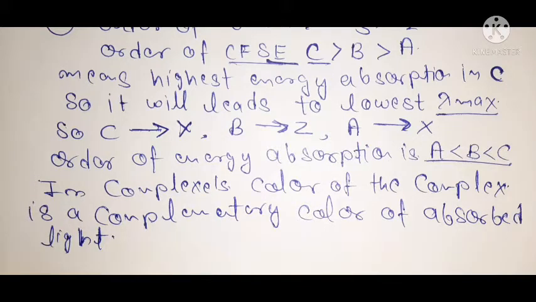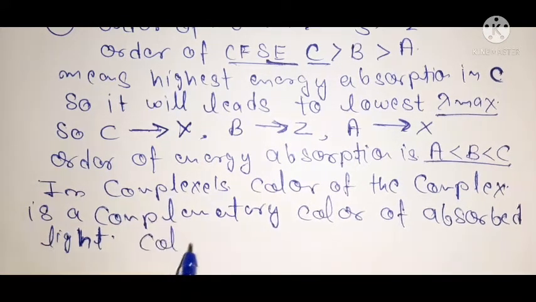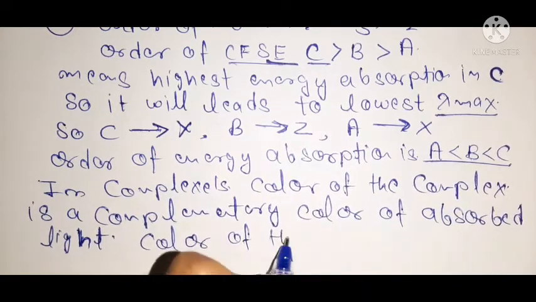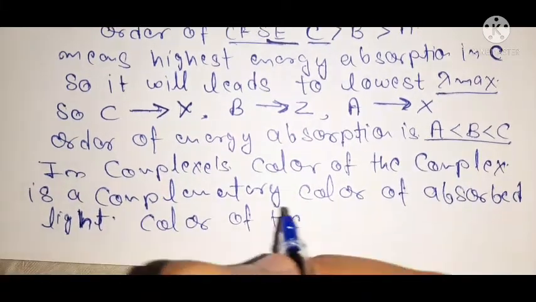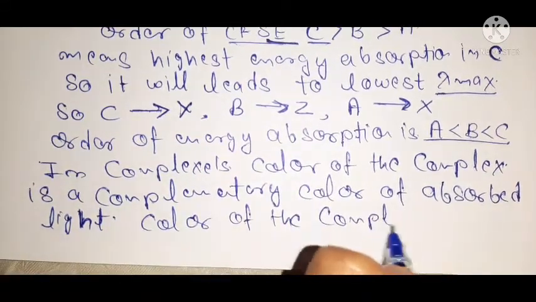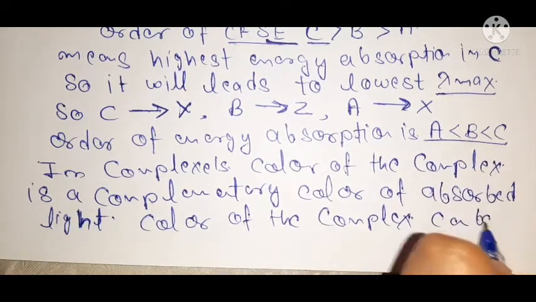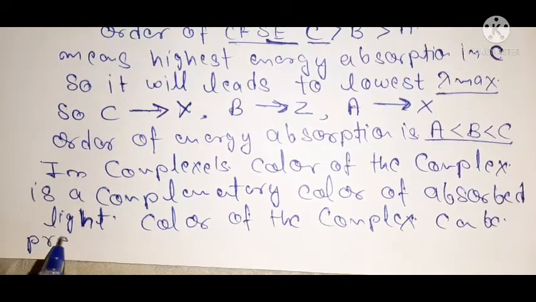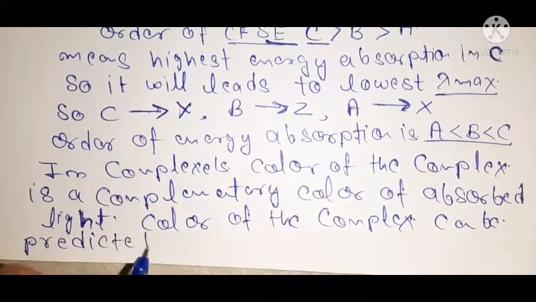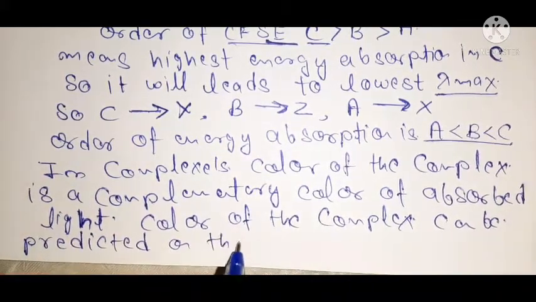And the relation between this absorbed light and this complementary color can be shown by the color wheel. So color of the complex can be predicted on the basis of color wheel.